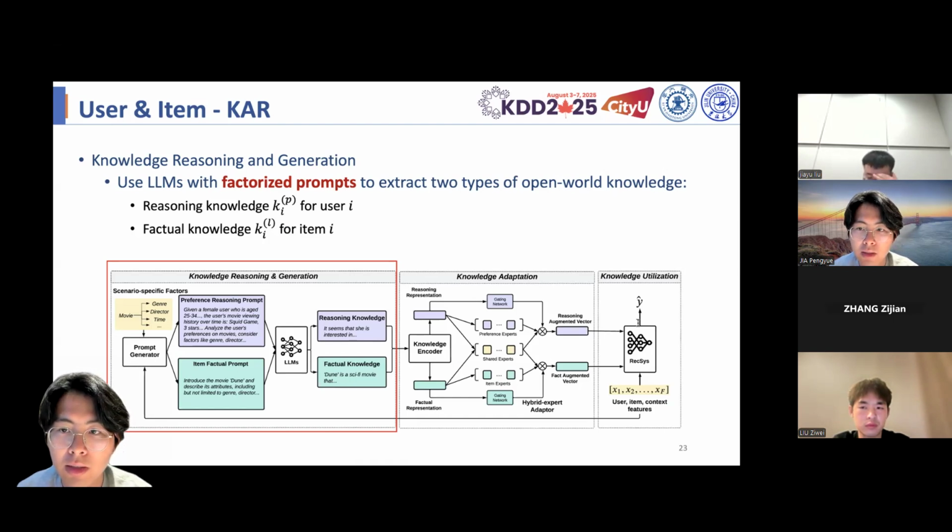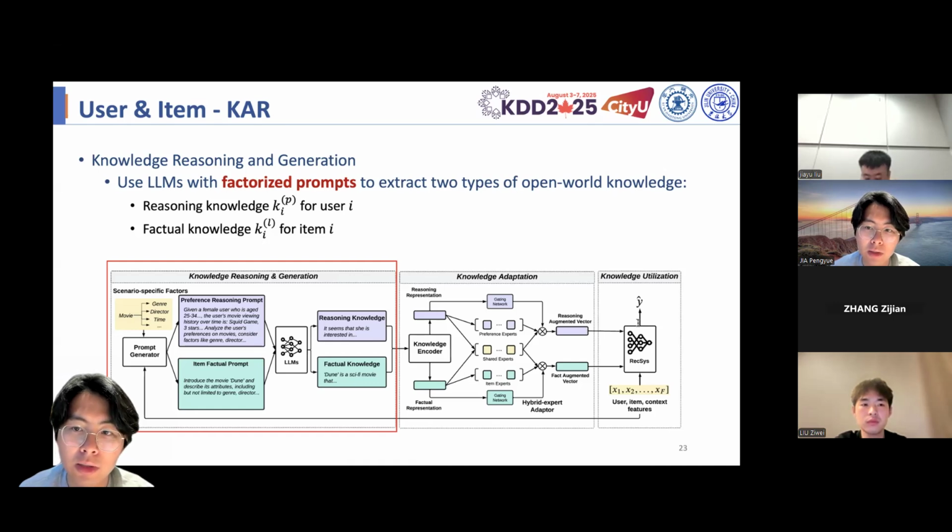And two prompts are designed, one for analyzing the user's historical behavior and preferences, and another for generating descriptive knowledge about the candidate items. The outputs are plain text summaries, KIP and KIL, which will later be encoded. These prompts guide LLMs to produce consistent and rich information aligned with recommendation needs.